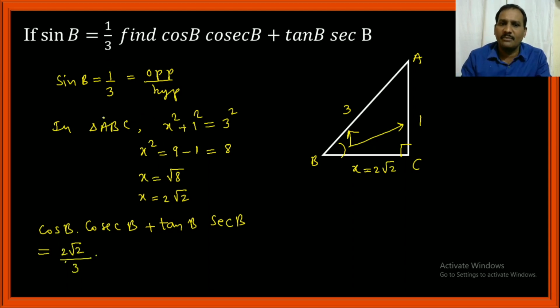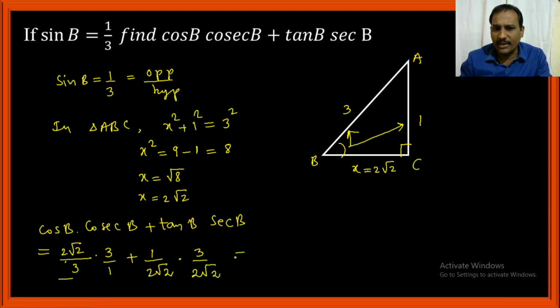Already we have sin b here, so the reciprocal is 3 by 1. Plus tan b is defined as opposite by adjacent, that is 1 by 2 root 2, into secant b. Secant b is nothing but the reciprocal of cos. Already we have cos here, so the reciprocal is 3 by 2 root 2.